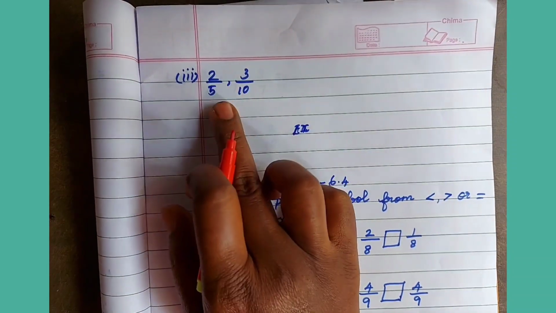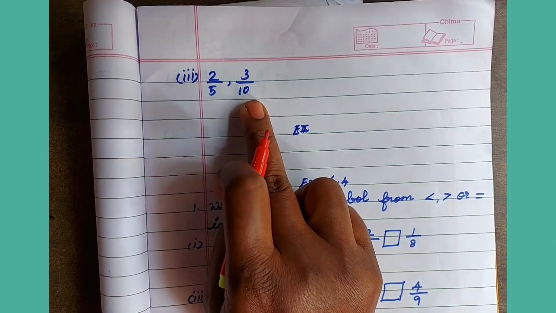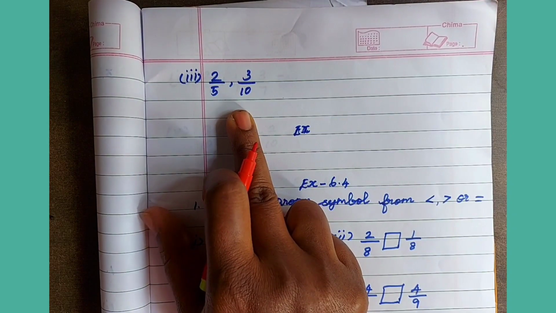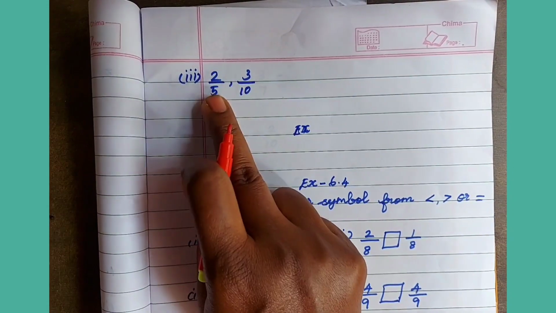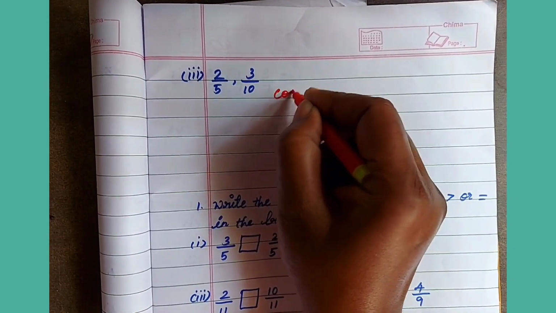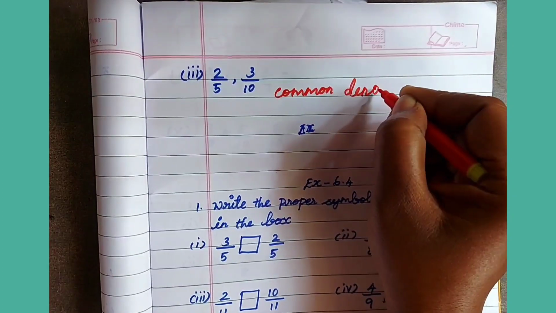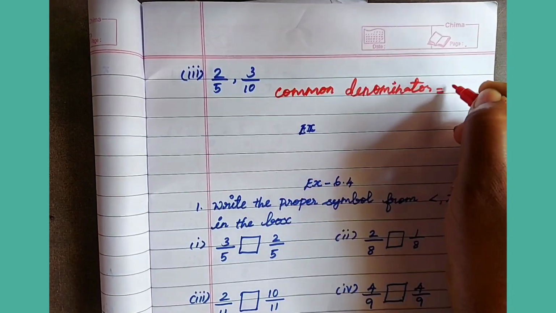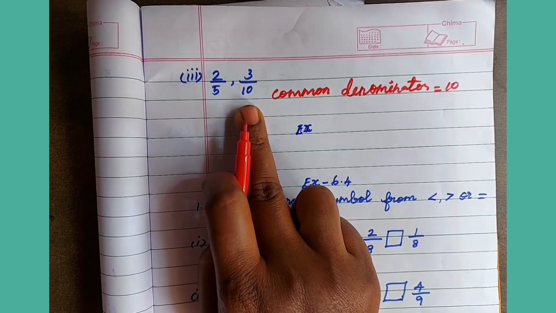Next one, 2 by 5 comma 3 by 10. See the denominator values 5 and 10 are given. 5 and 10 come in the same table. So 10 is twice of 5. So the common denominator is 10. Common denominator 10 means one fraction already has 10.